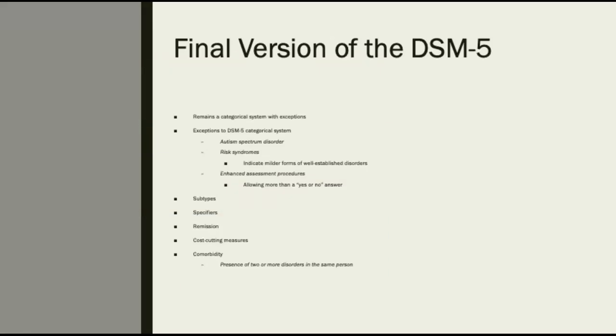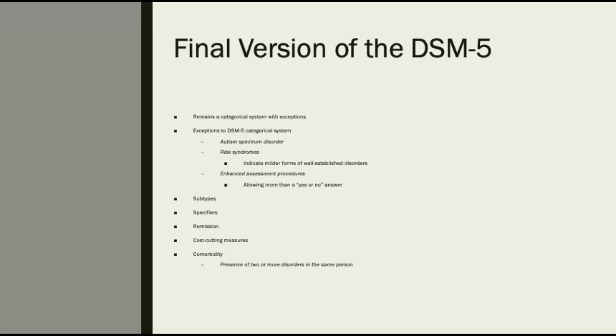So the final version of the DSM-5 does remain that categorical system with just some of those exceptions like I talked about, especially with alcohol and substance use. It uses subtypes, specifiers. You indicate if an individual is in remission or not, and you're also looking at some comorbidities, or the presence of 2 or more disorders within the same individual.